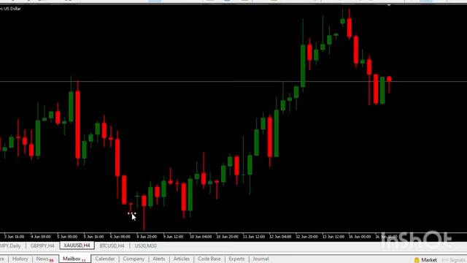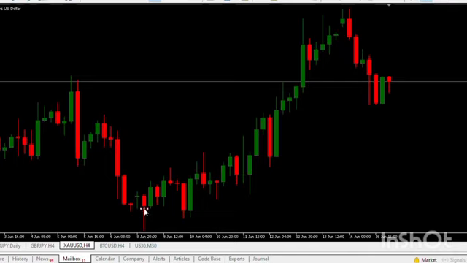This is telling you that the length of the wick determines the strength of either the buyers or the sellers at that moment. You can see this very long one here. So this was telling us the rejection. It was fully rejected by buyers.